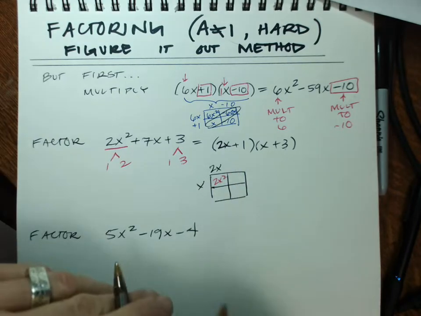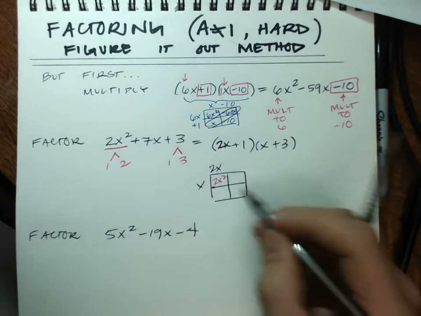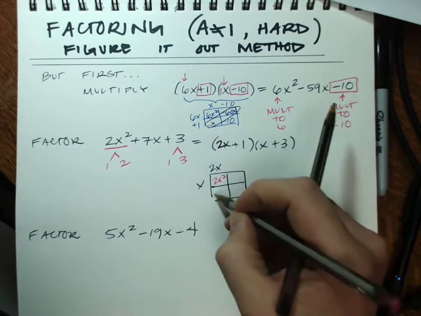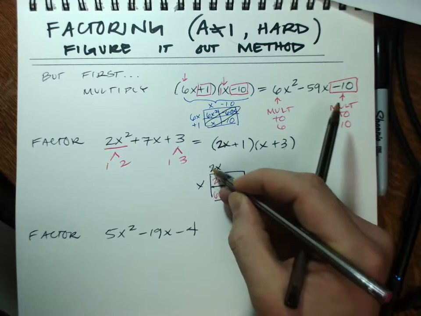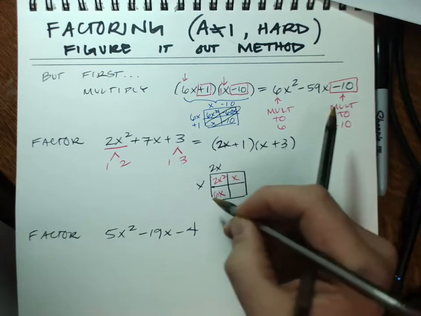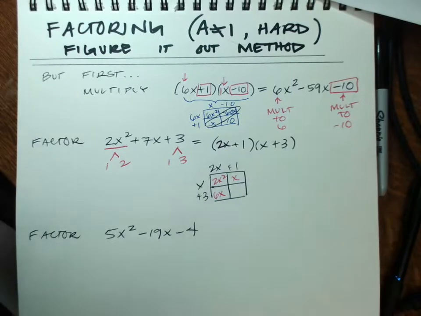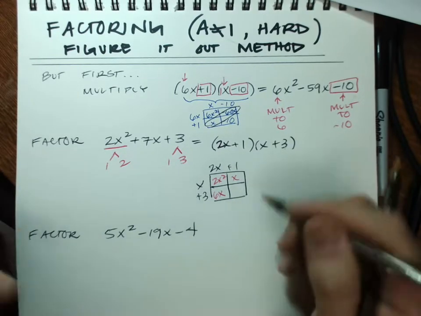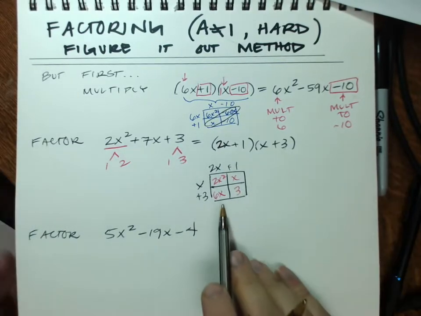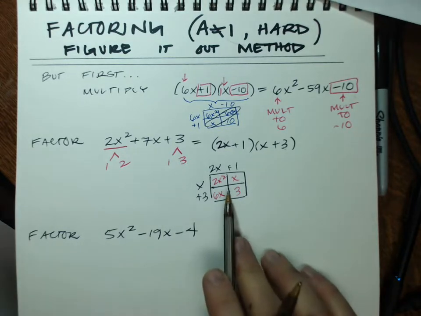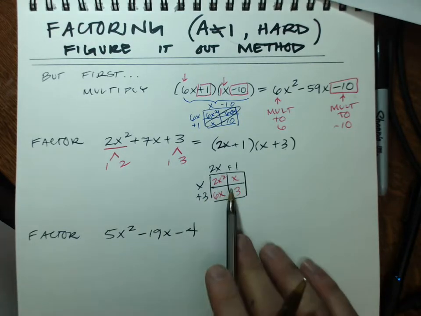And so I'm thinking, well, the only way to arrive at 7x is if we have 6x, because of the 2 there, and x, meaning that the plus 3 and plus 1 have to be in this order. And so I'm sort of reversing the box method in my head as we problem solve this.